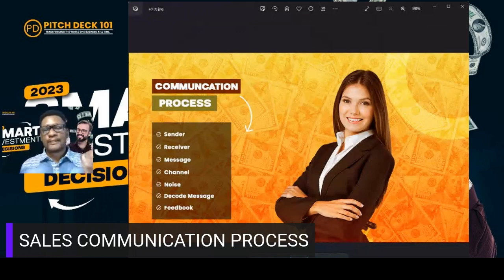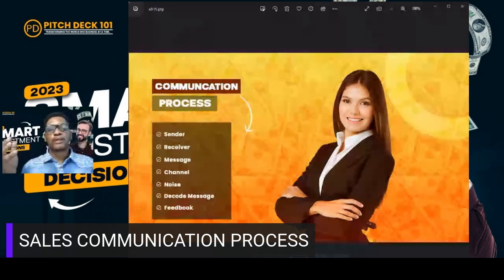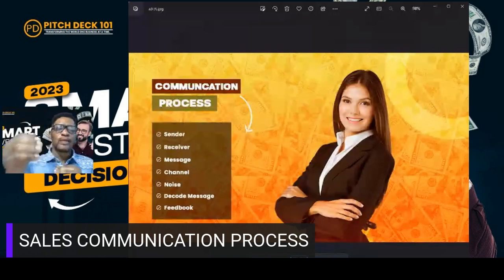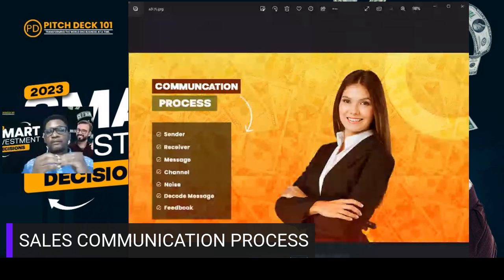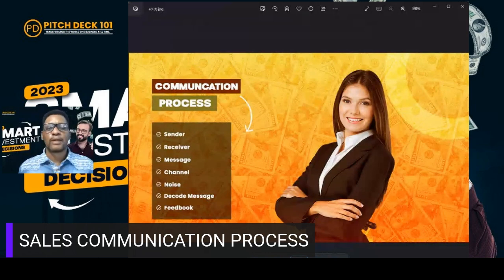in your business. So the communication process is necessary for you to understand. And there are a number of important factors for you to understand about communication. First of all, communication is a two-way cycle. There's a sender, there's a receiver, there is a message. If you look at the screen, you'll see exactly what I'm talking about.